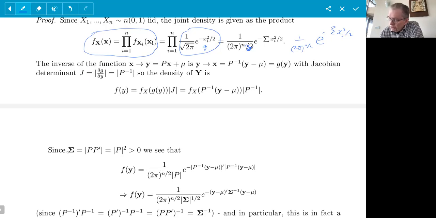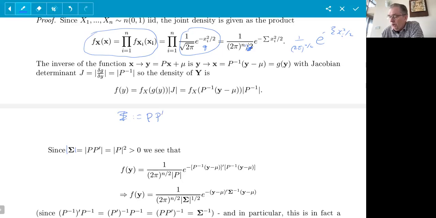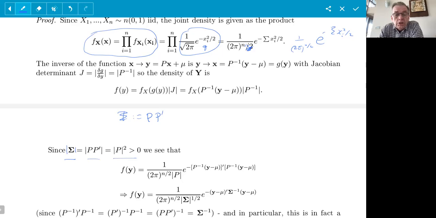Well, not all wrong, but this is supposed to be a determinant of sigma. We define sigma to be p p transpose, and we see that the determinant satisfies the criterion that it's positive, so it has an inverse. And we can divide by the determinant of p, of course, because p is invertible.